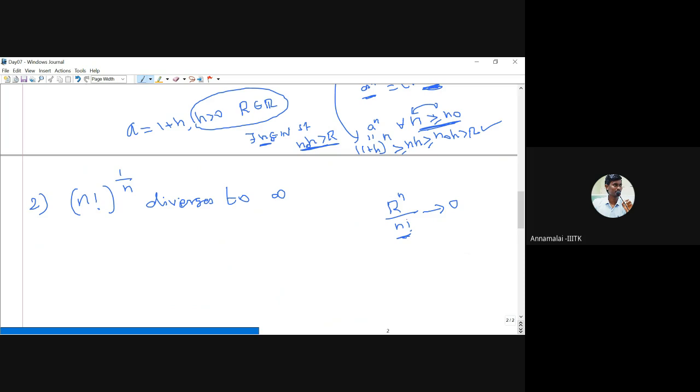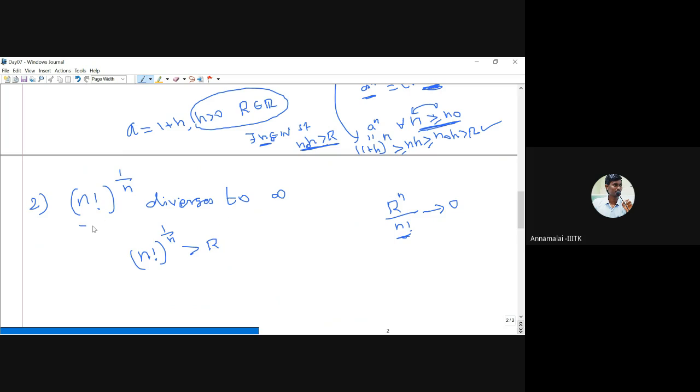Therefore, given any real number r, we can always find n such that n factorial power n is greater than r. So using this, we can show that this diverges to plus infinity.